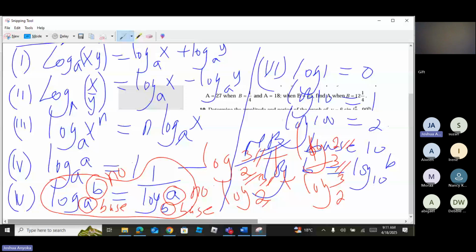Otherwise, you cannot simplify. So if it was an equation equated to 1, now we can proceed. So when we encounter a situation where we are solving an equation, and the base and the number are interchanging in some terms, we use this law number 5, though it is not very common nowadays, but we cannot ignore that it exists.